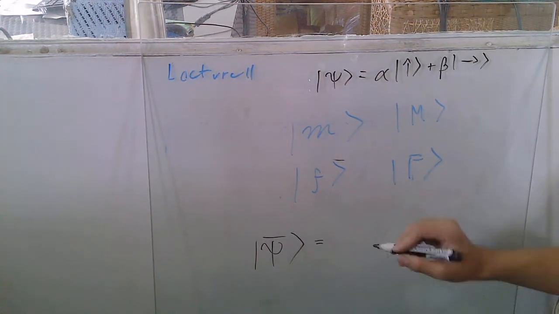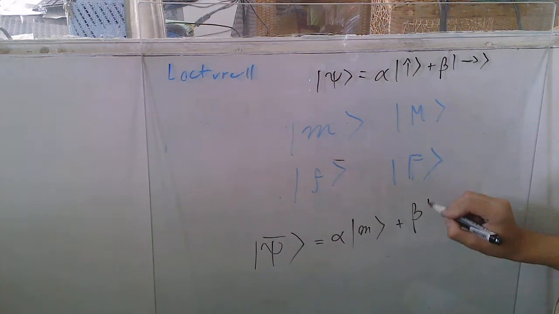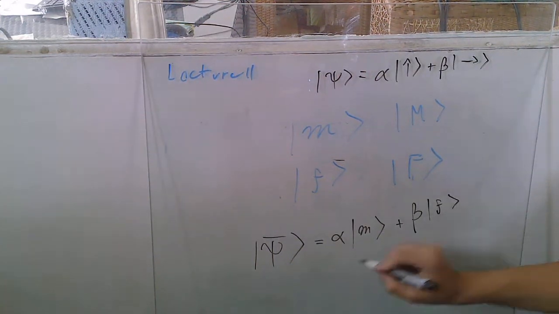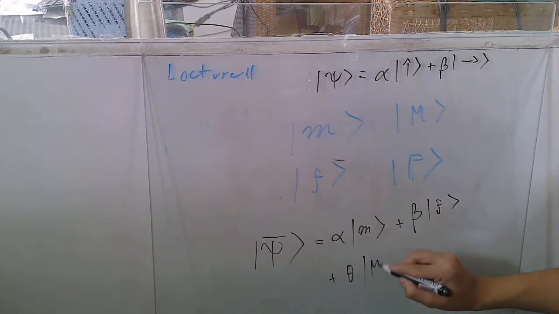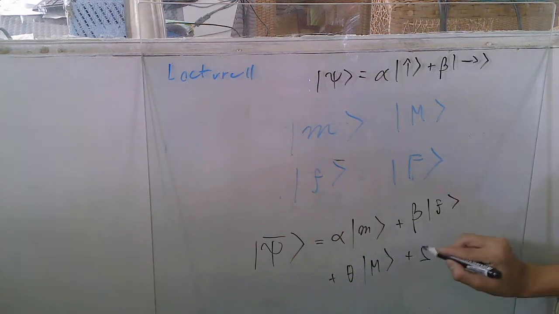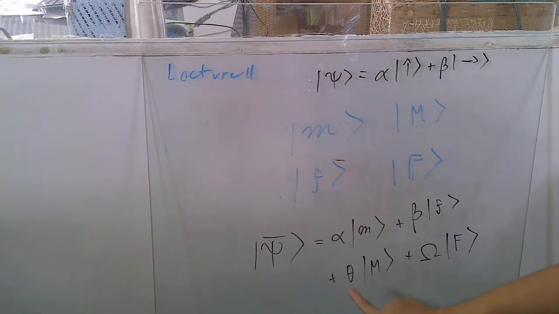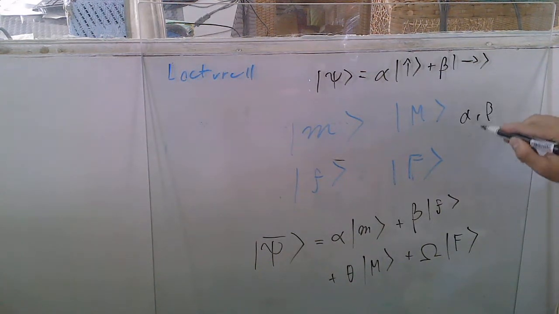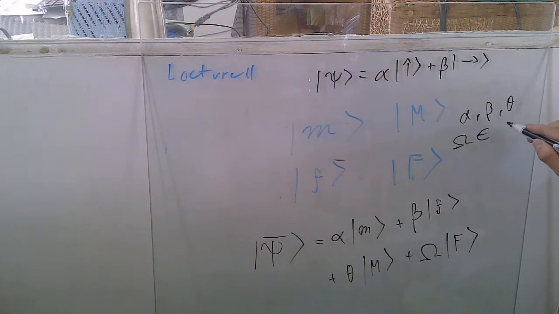So this is characterized by alpha times the male state plus beta times the female state plus theta times acting on the masculine state plus omega acting on the feminine state. And all these alpha, beta, theta, and omega are complex valued functions. So I'll just write that: alpha, beta, theta, and omega, element of complex.